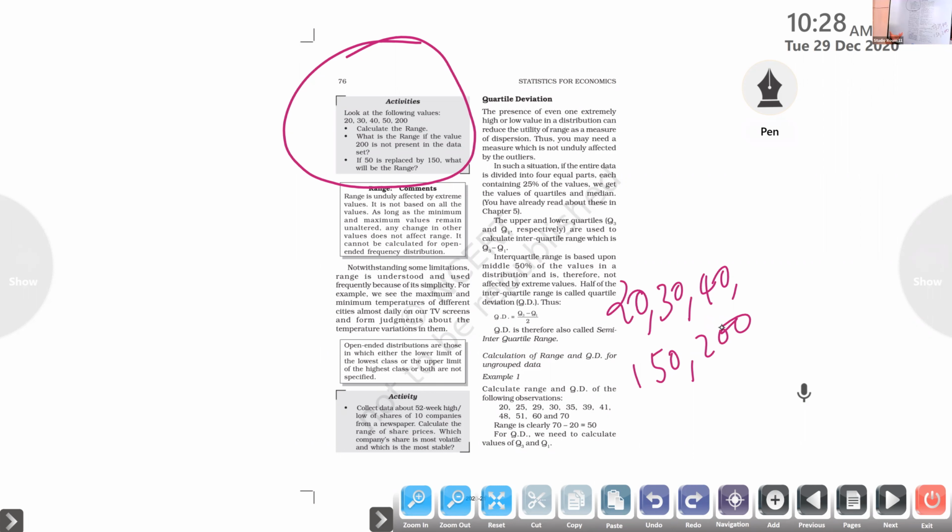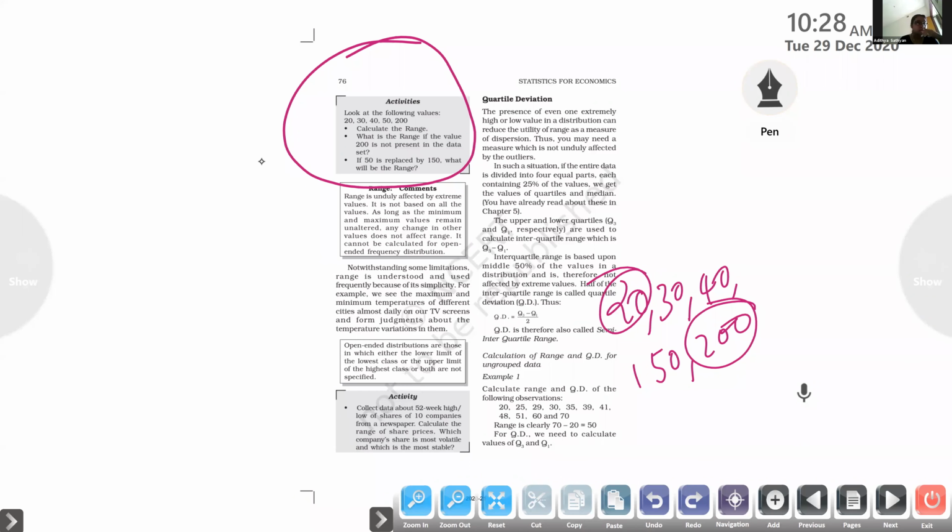No need of confusion there, right? Because the answer is L minus S. If another data is within these numbers, the answer will not change, right? That is 200 minus 20 only, 180 only the answer. Clear?